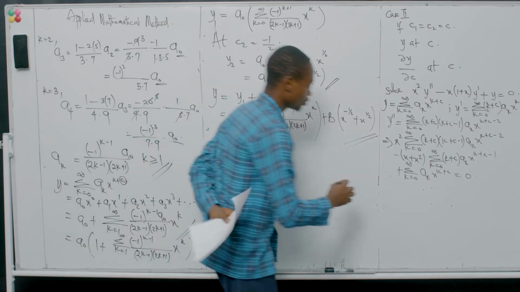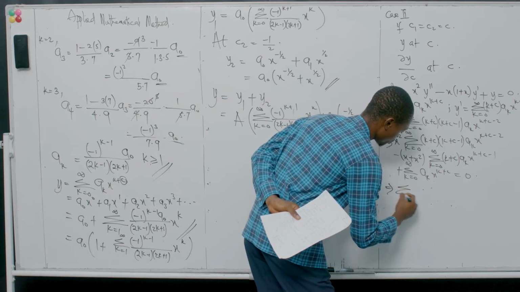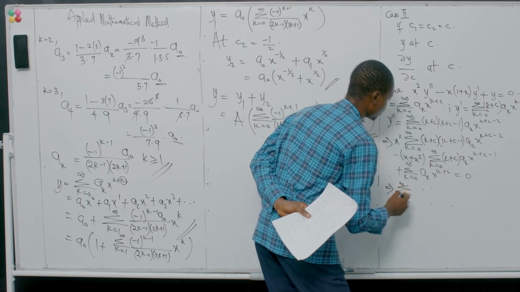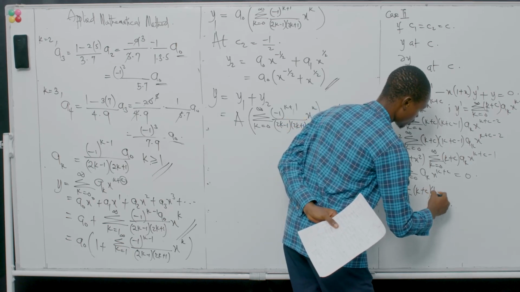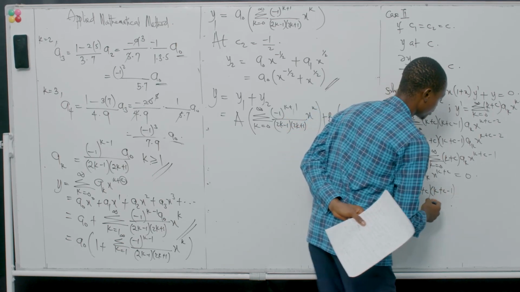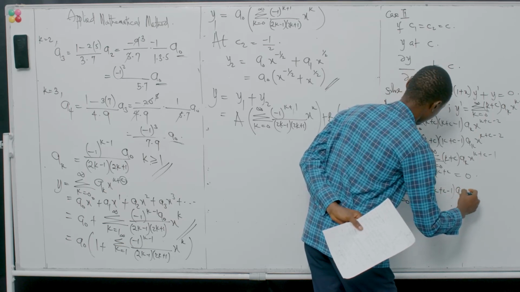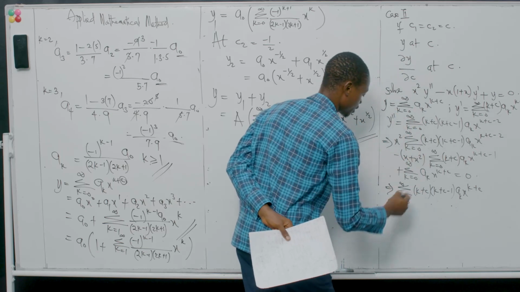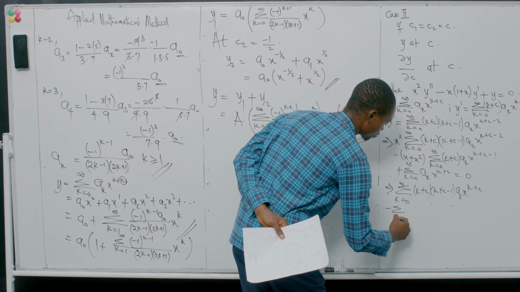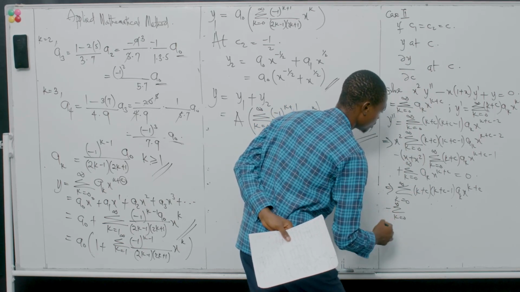So here we'll now have summation k starting from 0 to infinity, (k plus c) (k plus c minus 1) ak x^(k plus c). Here we have minus summation k starting from 0 to infinity.